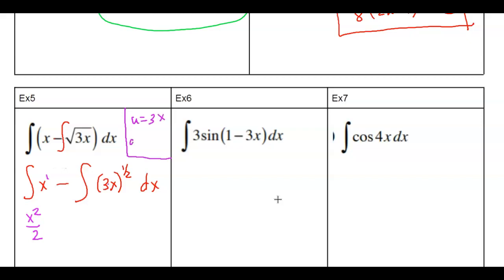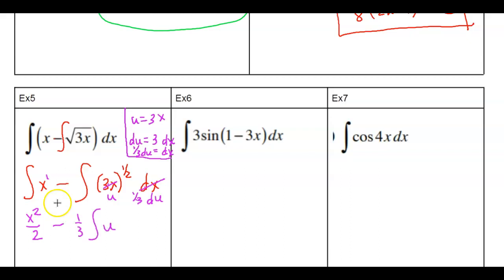So the derivative of u, the derivative of 3x, and then we'll go to match it up. This is u. I don't have a 3 dx, so we're going to divide by that. So wherever I see dx, I write 1/3 du. And so now everything matched up. So I'm going to bring the 1/3 out.